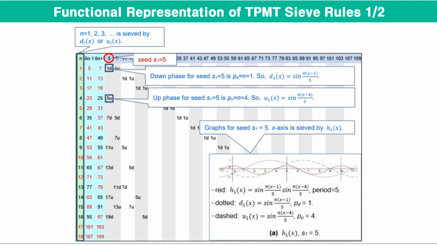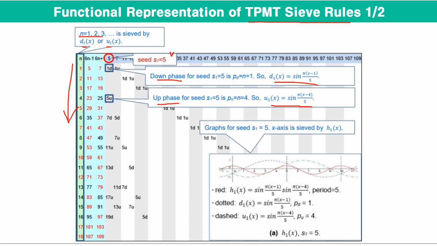We can functionally represent the TPMT sieve rules. This example is for seed 5. The sequence n is sieved by di and ui, and the down phase is used here, and the up phase is used here.